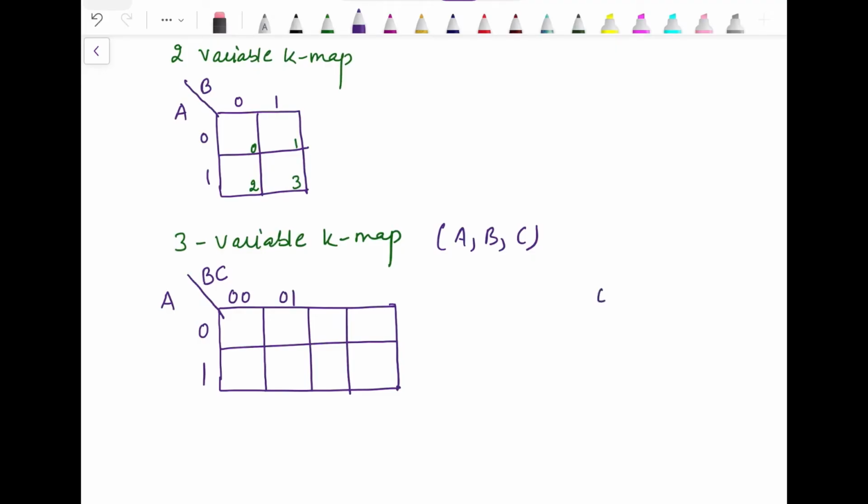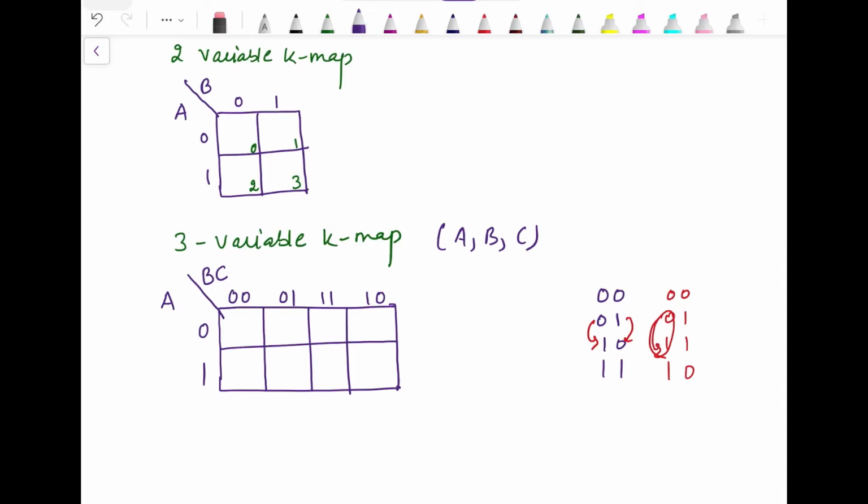In general, if we write 0 0, then 0 1, 1 0, 1 1, you can see this bit is changing, and this one is also changing. Both bits are changing. But if we write the gray code, 0 0, 0 1, 1 1, 1 0, there is a change in only one bit when we are moving from one cell to another cell. So gray code is what is used for labeling the K-maps.